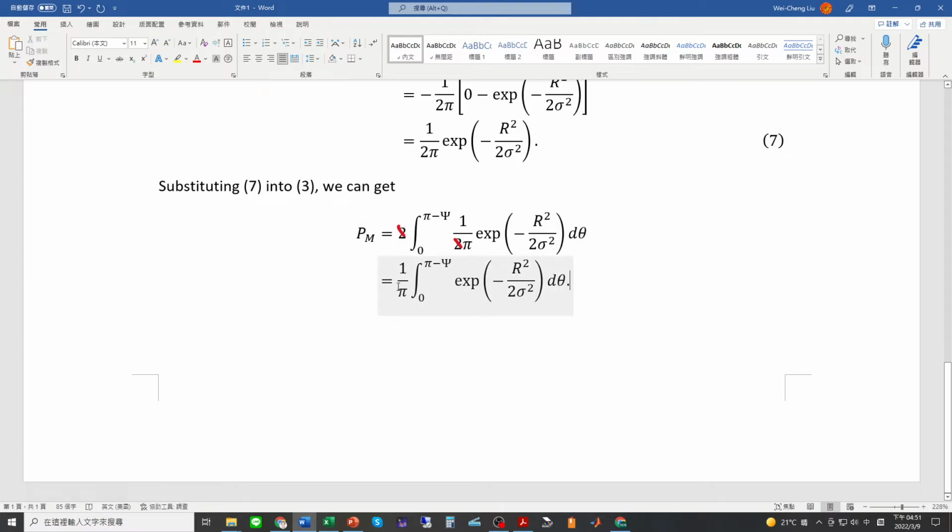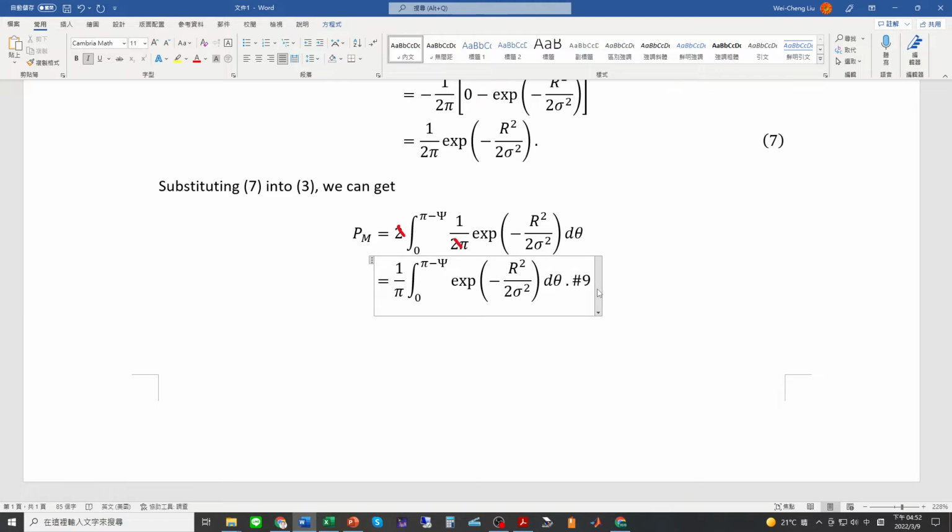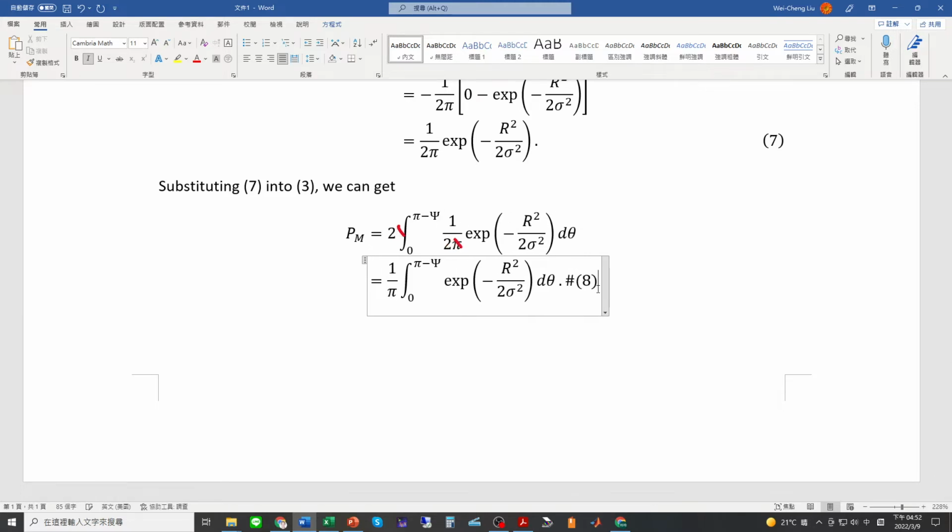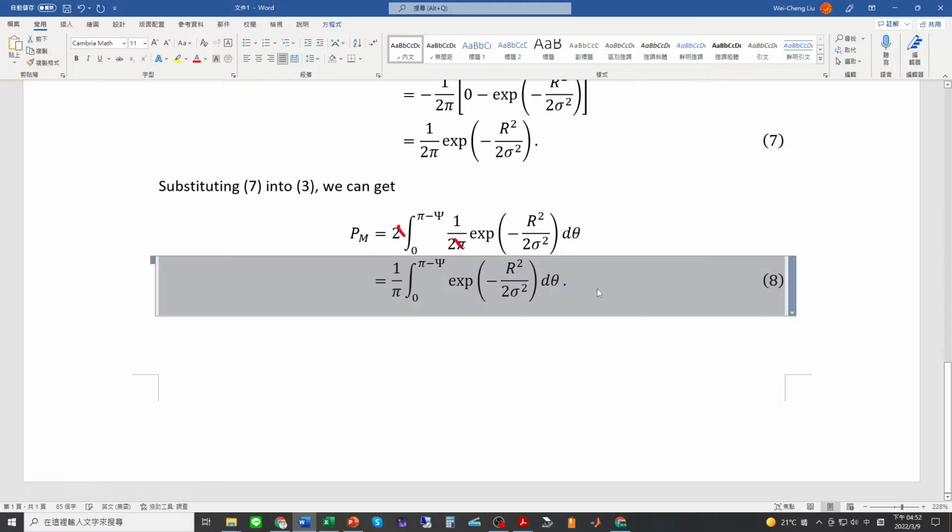So this is equal to 1 over pi times the integration from 0 to pi minus psi of exponential minus capital R squared over 2 times sigma squared d theta. We call this equation 8.